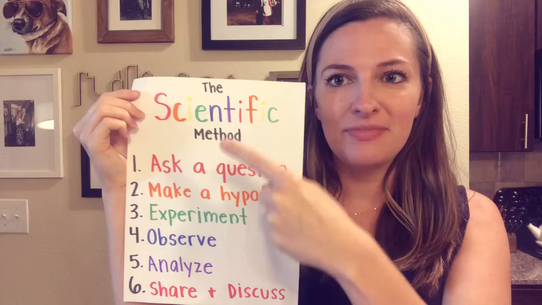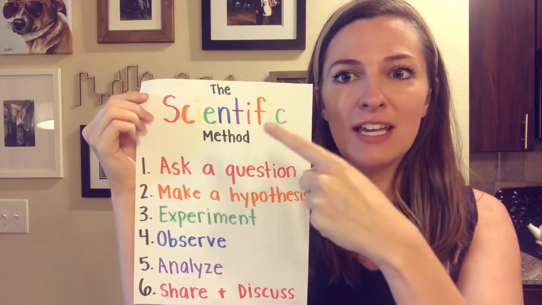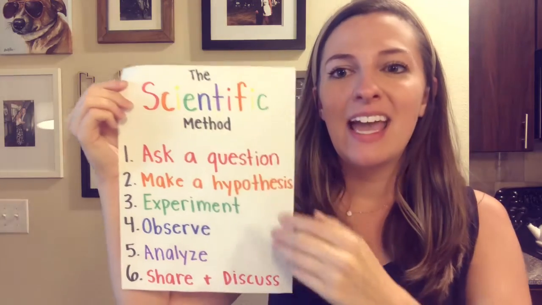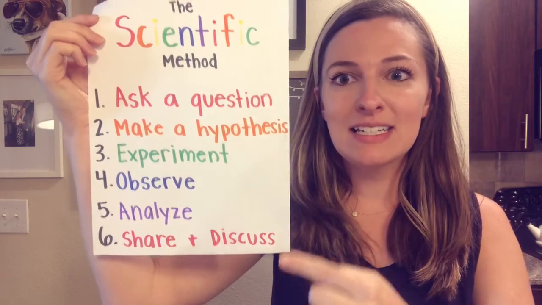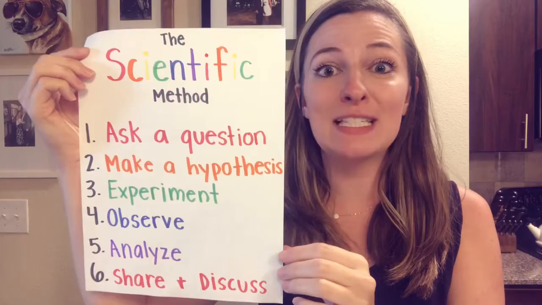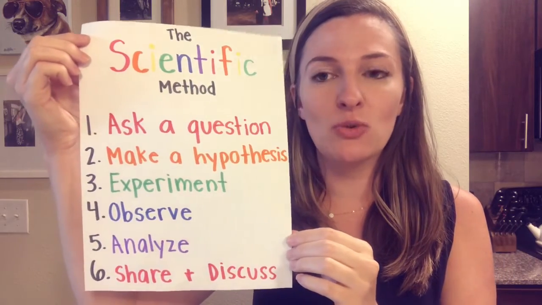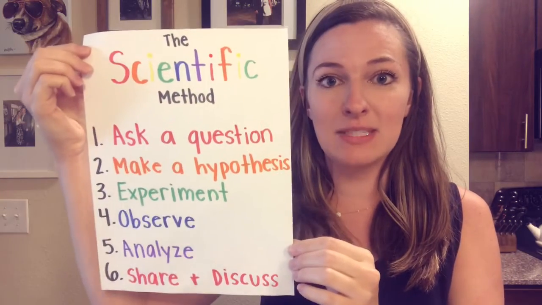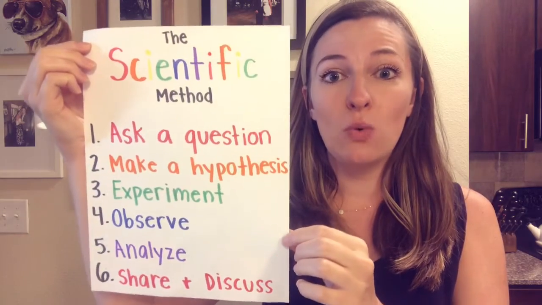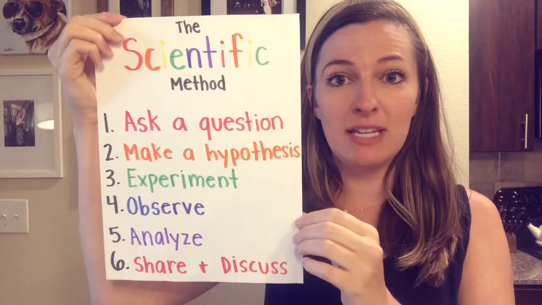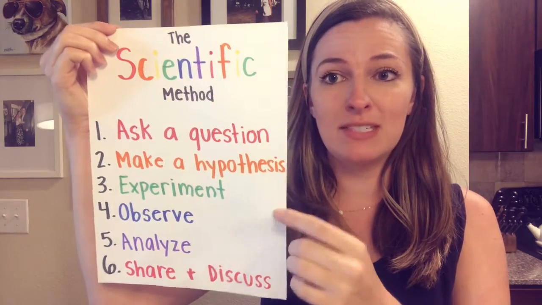Say that with me, the scientific method. These are steps that scientists take to make their experiments. There are 6 steps that we are going to do in order to conduct our experiment. So let's go over these steps.